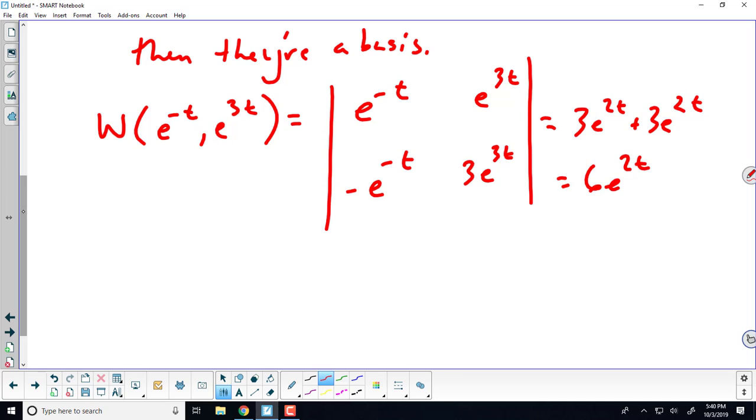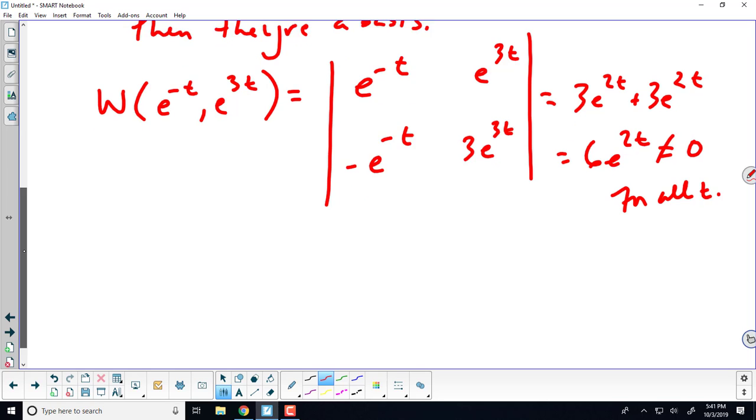Can this ever be 0? It's the exponential function. When does the exponential function output a 0? Never does, right? Which is never 0 for all t. So that means that we've got our two solutions.